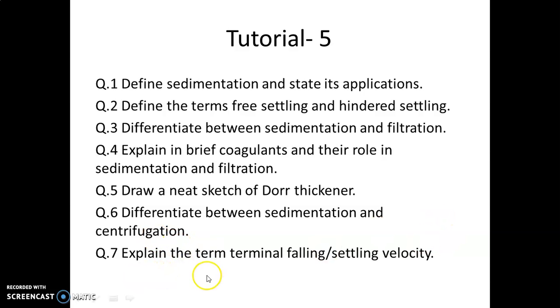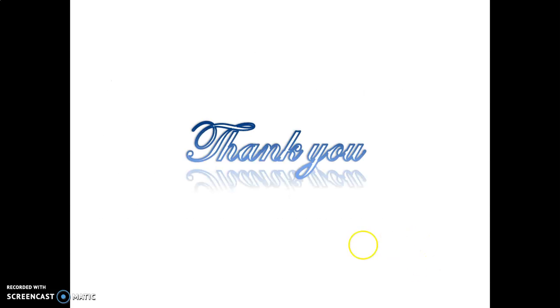And last you have to define what is meant by terminal falling or settling velocity. So these are some typical questions for tutorial number 5. So thank you.